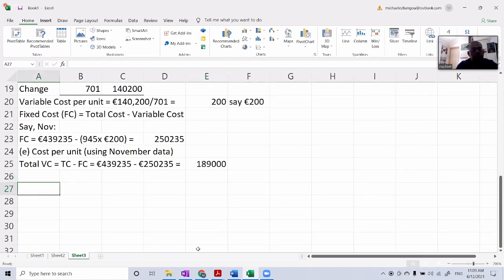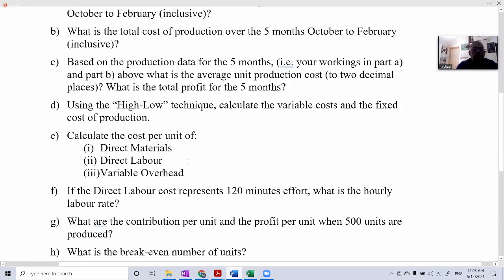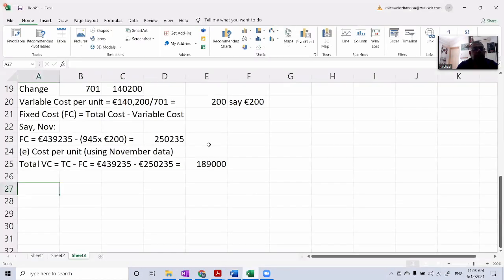That gives $189,000. So we have direct material, direct labor, and variable overhead.